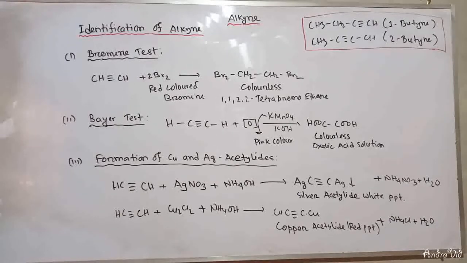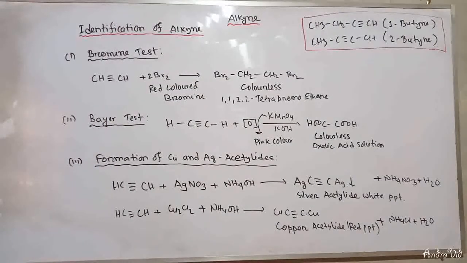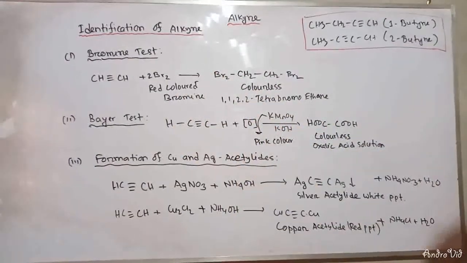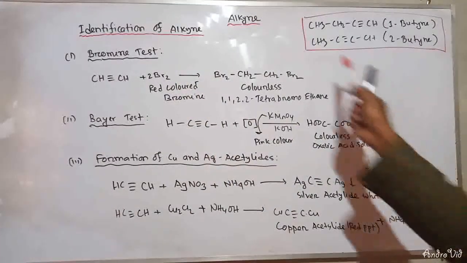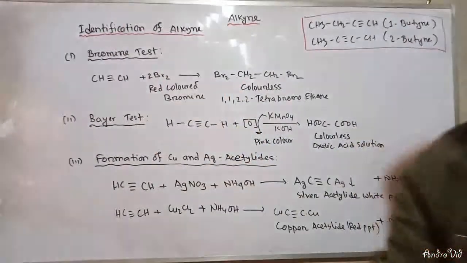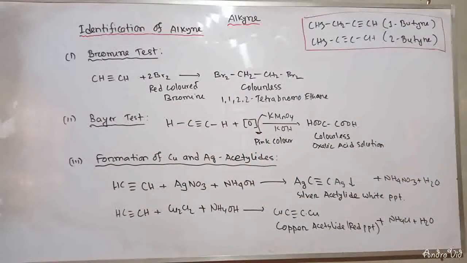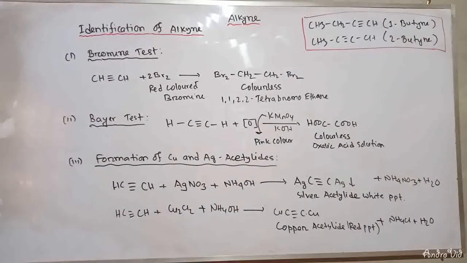In the bromine test, if you take the solution of this compound in a test tube and add red colored bromine solution, then when the product starts to form, the red color will disappear from the solution. The decolorization of the red bromine after the formation of the product confirms the presence of ethyne or alkyne in the test tube. By this way, it is possible to confirm or identify alkyne.